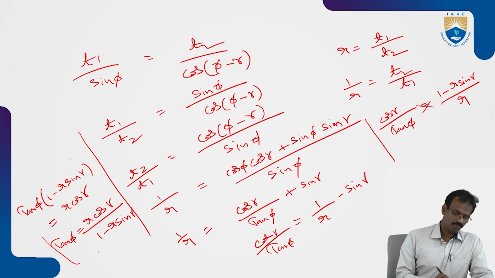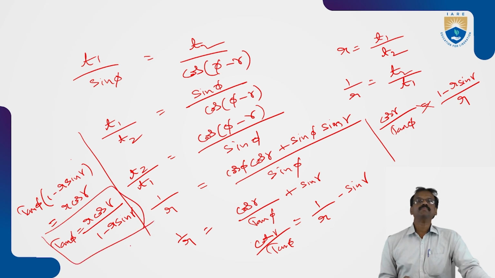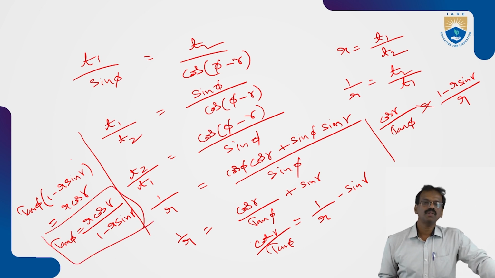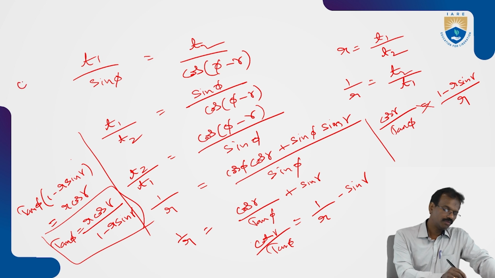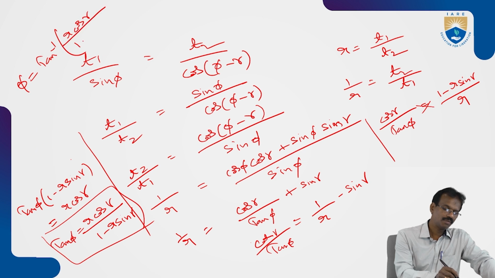So this is the formula, you have to remember this one. So the final formula for this shear angle: phi is equal to tan inverse of r cos gamma by (1 minus r sin gamma).